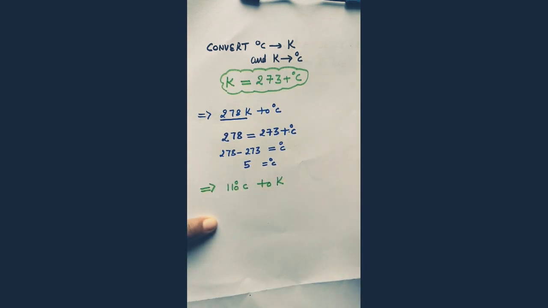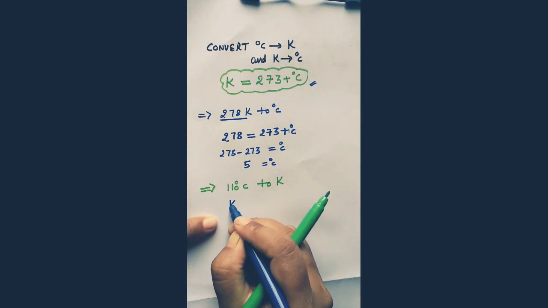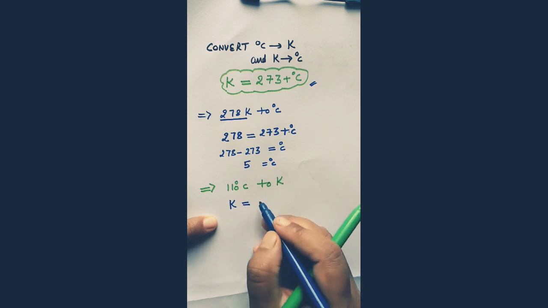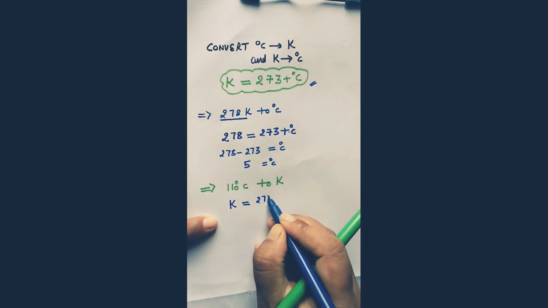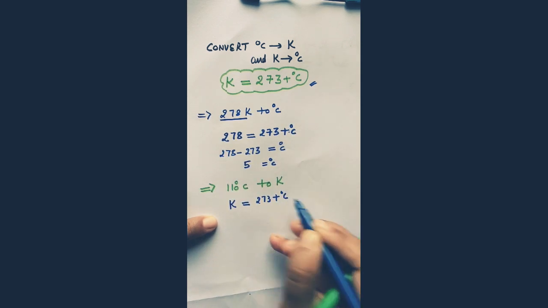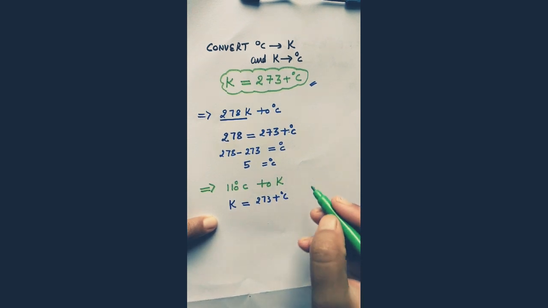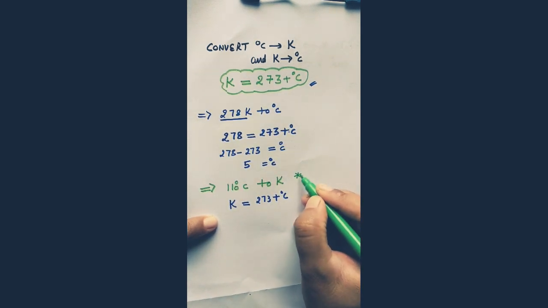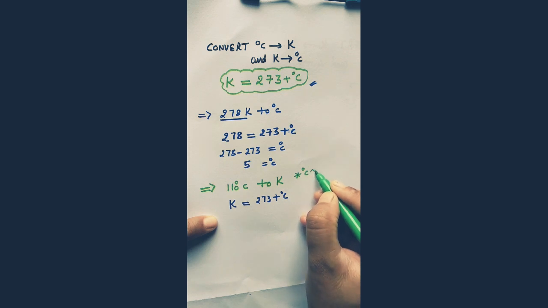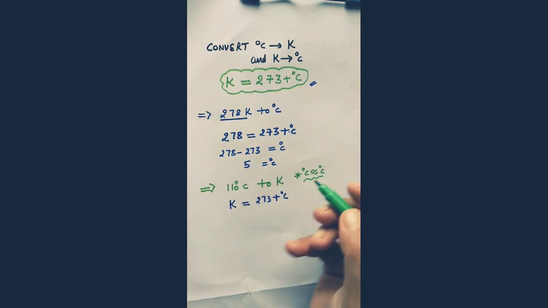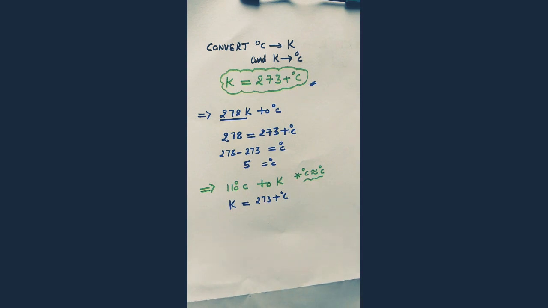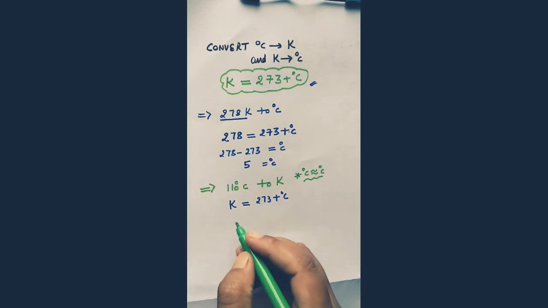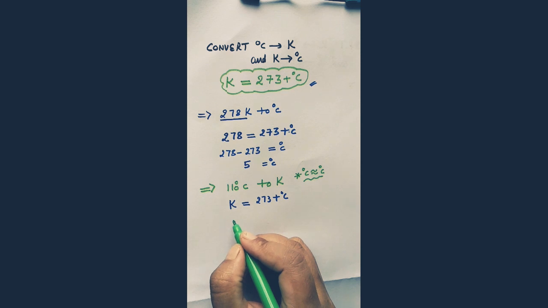Again using the above formula we can write down K equals 273 plus value in degree Celsius. Over here I would just want to tell you the degree Celsius and degree centigrade, they are the same. It is just that Celsius is the new name for degree centigrade.